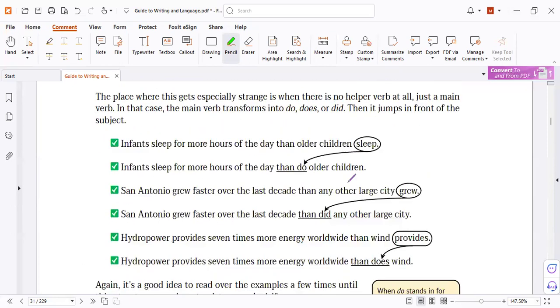Here, like that. Look, are you still with me? Yes. So here, infants sleep and the older children sleep. But it's the same verb. You have the option to delete the verb or to make it inverted or to delete the verb and use do, does for present and did for past.